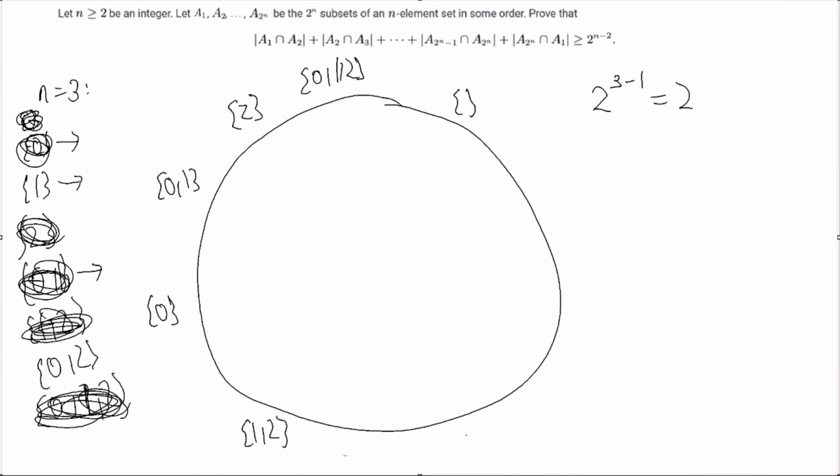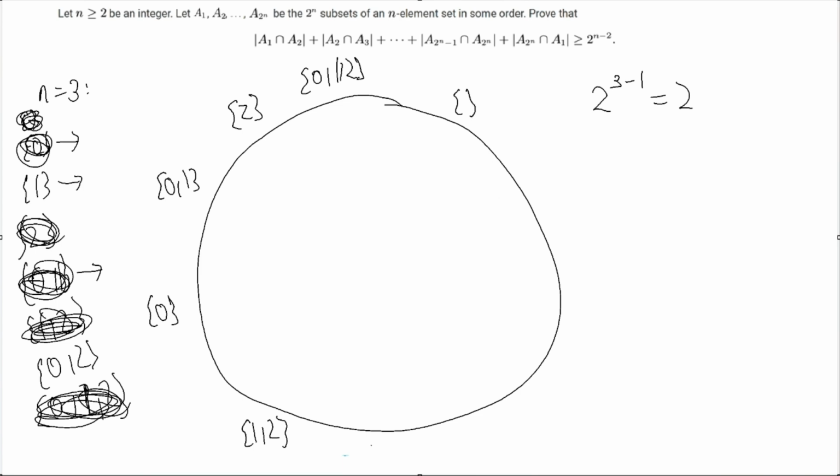And now finally, the subsets we have left are 1 and 0, 2. Now, because they are disjoint, these two do not contribute anything. So more or less, we're worried about the contribution from each of these to this one here, because the empty set doesn't do anything.